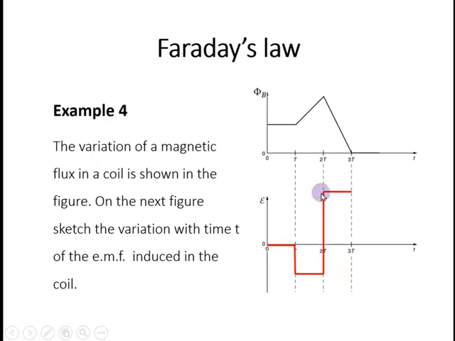So the rate of change in this range is higher than the rate of change in this range. This one is shorter, but it is negative. This one is bigger, but it is positive. So this is all that you need to know. Think about this and then ask questions, and I hope you understand. Thank you.